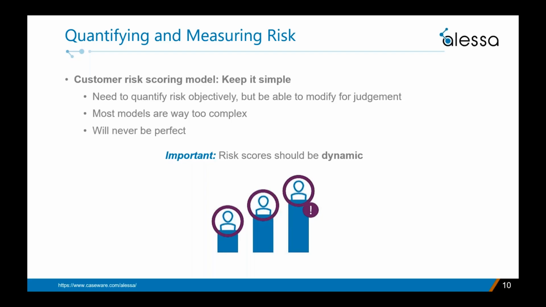Now, initially, this customer may come up with a high risk score, which means that we're going to watch their transaction activity fairly closely to see if it matches up with what the profile indicates.